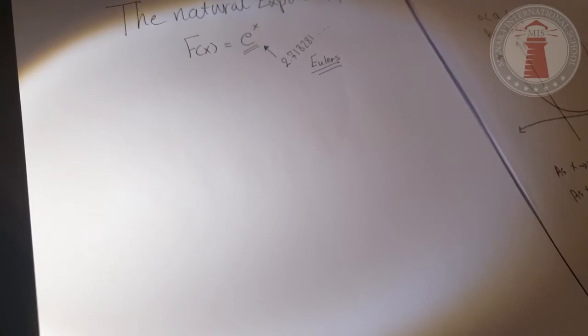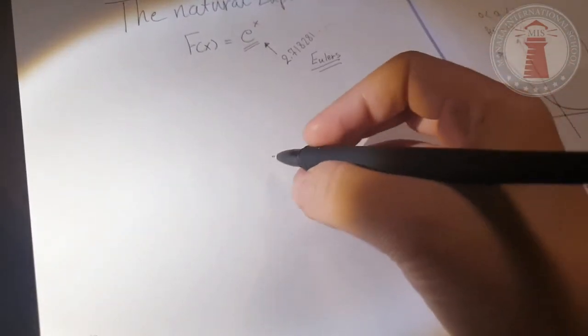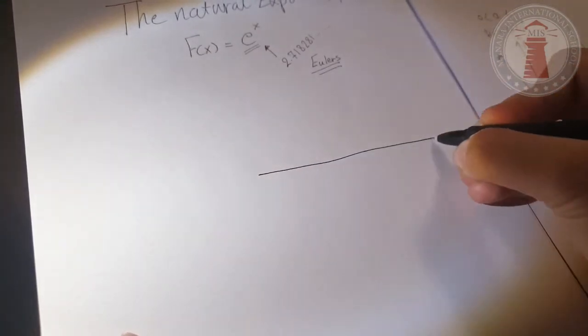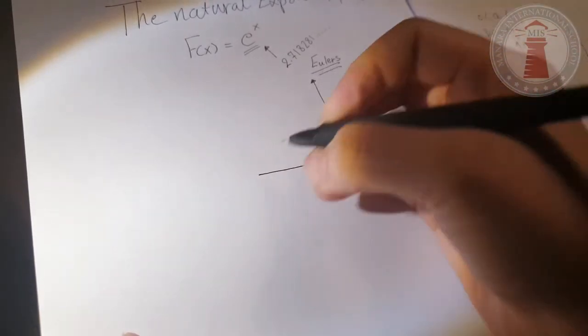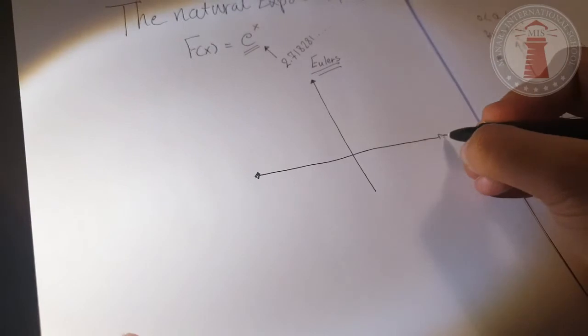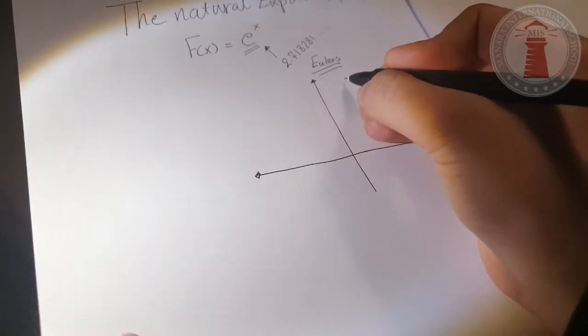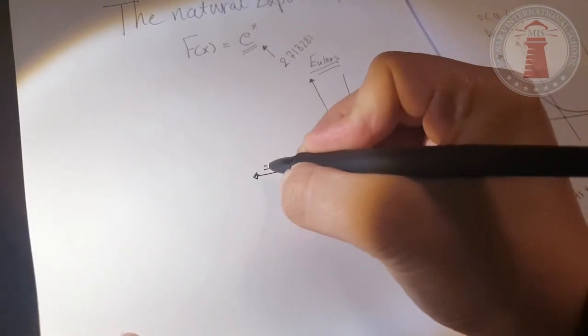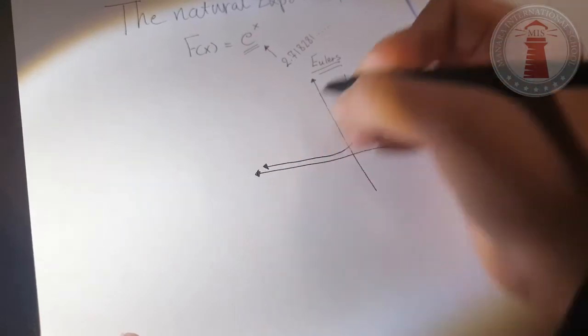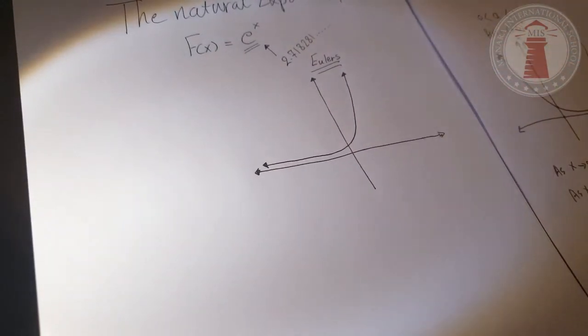The function e to the power of x is something very well known and something that doesn't change, because the base here is just constant. It always looks like this. It's an increasing function, and this function has some properties. The value is very important because it creates useful properties. That's why it's actually used.